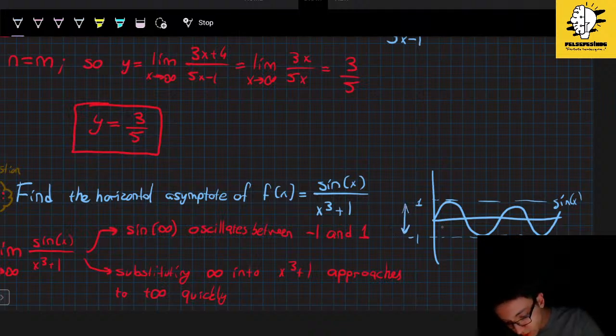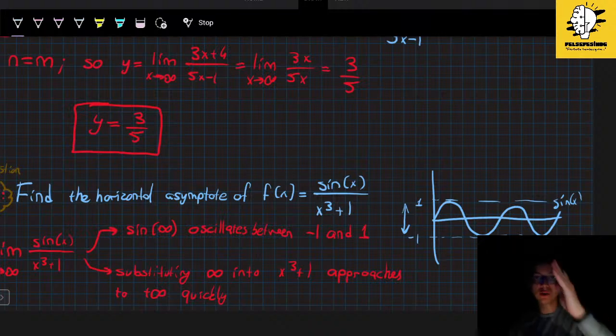It always oscillates between them. However, in the denominator, when I substitute infinity into x for x cubed plus 1, I realize that infinity cubed plus 1, we don't really make this notation, but just to make you understand, it is going directly into a greater infinity.